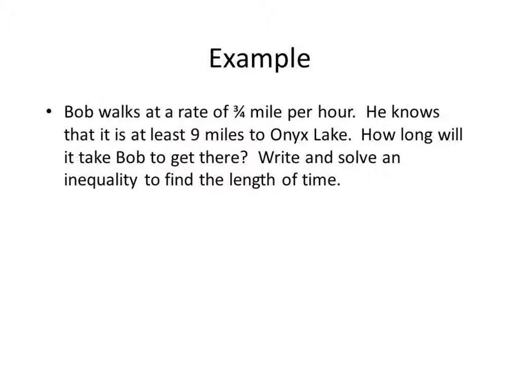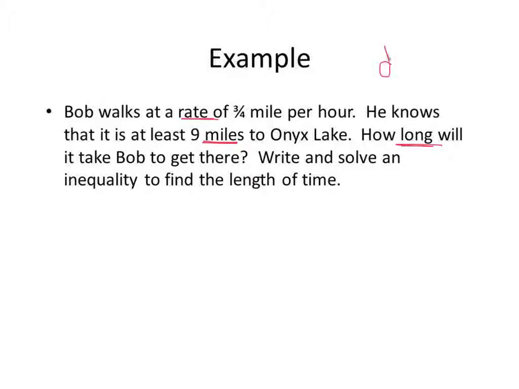So Bob walks at a rate of 3/4 of a mile per hour. He knows that it is at least 9 miles to Onks Lake. How long will it take Bob to get there? Write and solve an inequality to find the length of time. If you're looking at a rate and a distance and we're looking for a time, what does that make you think of?